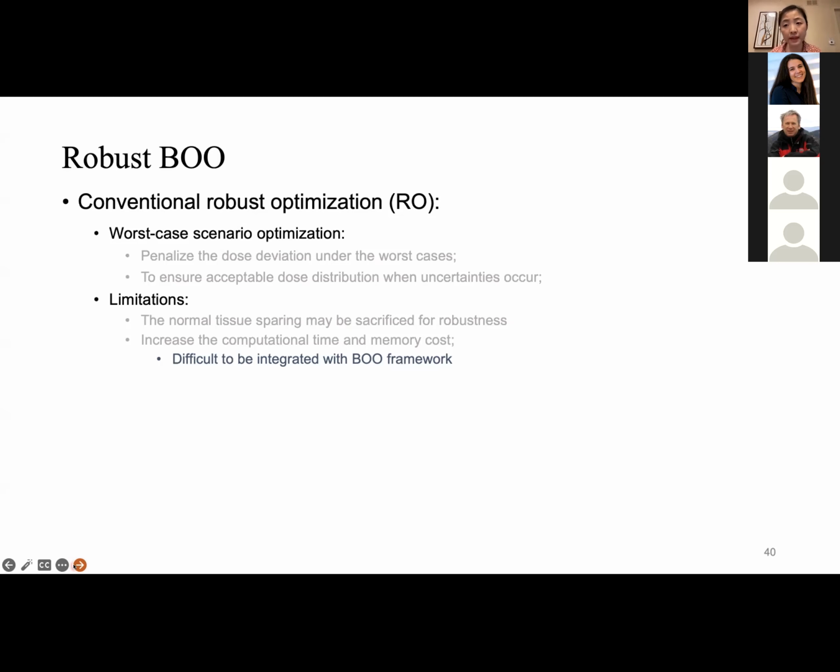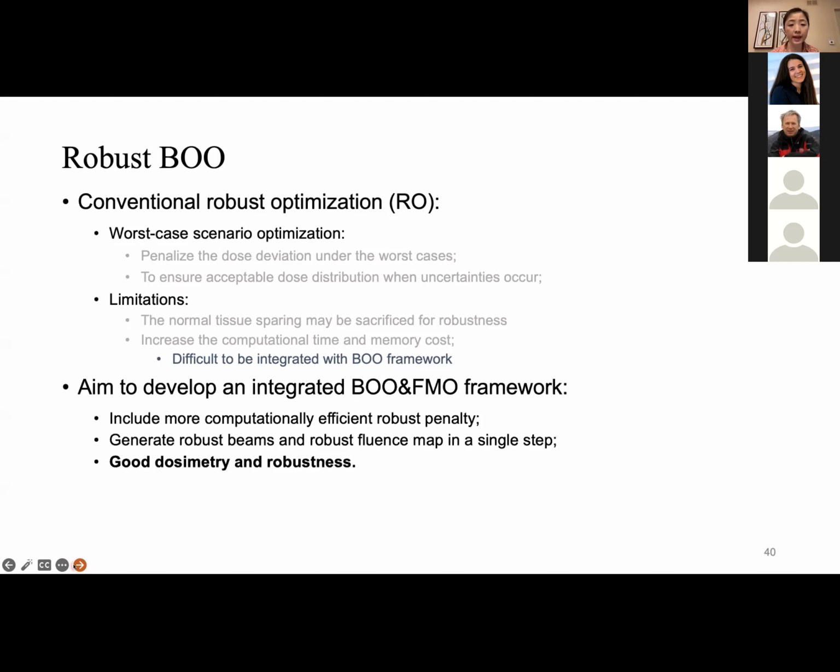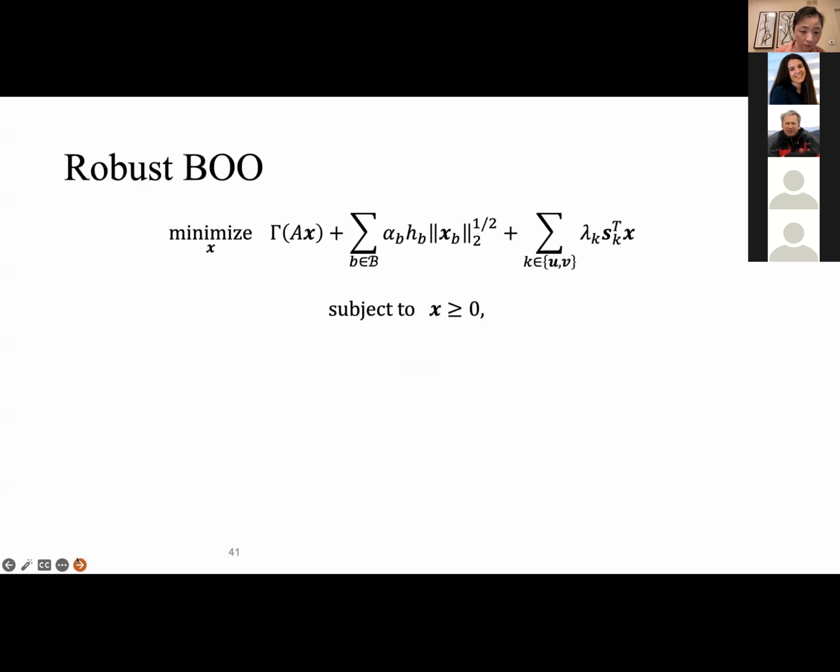That really makes the problem too large to solve. So the aim here is to develop an integrated framework that includes a more computationally efficient robust penalty, and still uses a single step to give us the beams and the fluence map that are robust and have good dosimetry. That's the goal of this part of the work.